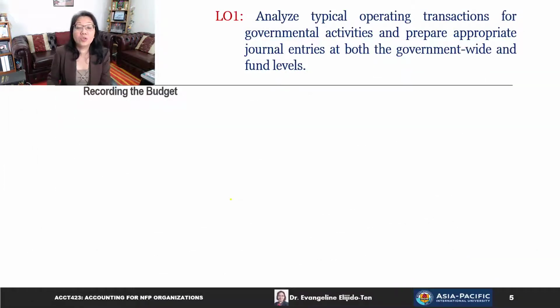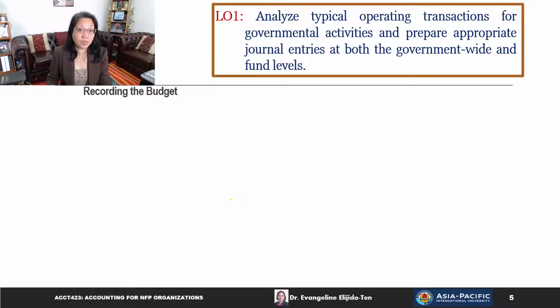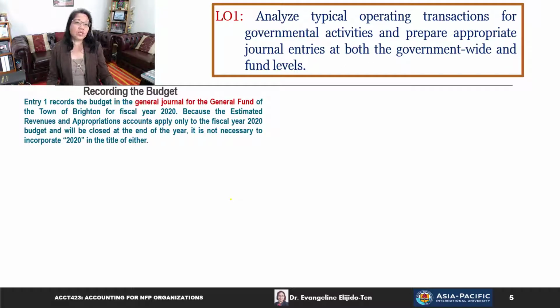Let's go now to learning objective 1. We will analyze typical operating transactions for governmental activities and prepare the appropriate journal entries both at government-wide and at fund level. So first transaction, journal entry 1. What we are recording here is the budget in the general journal for the general fund, so at the fund level.